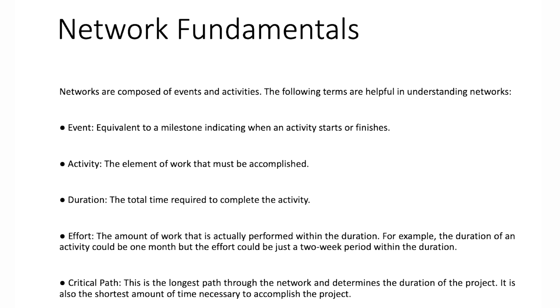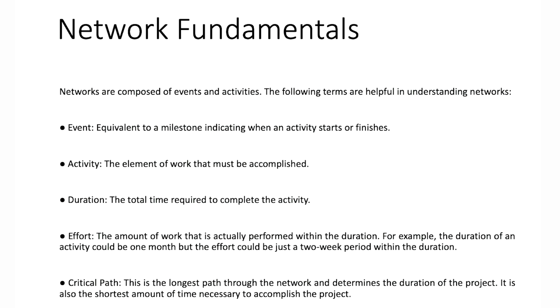Then we have activity, the element of work that must be accomplished, and duration, the total time required to complete the activity. Then we have effort, the amount of work that is actually performed within the duration. The duration can be 1 month, but the effort could be just a 2-week period within the duration, due to interdependencies.